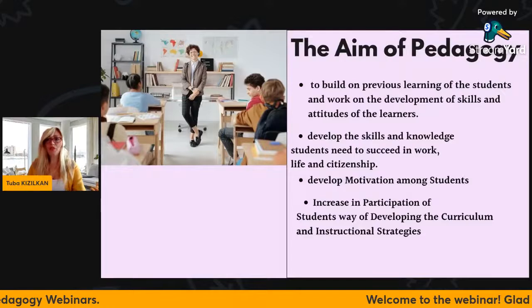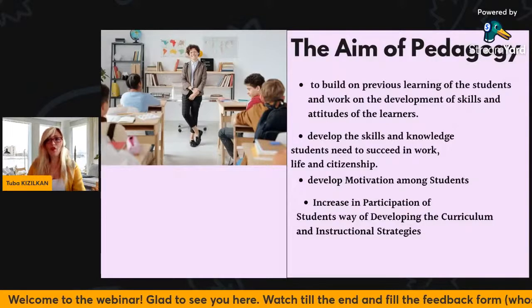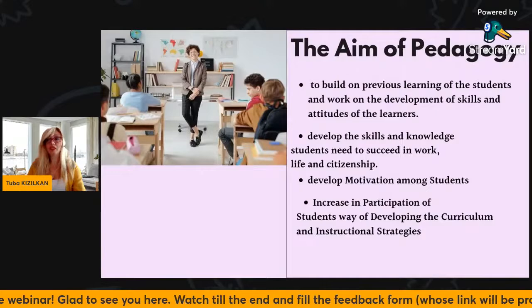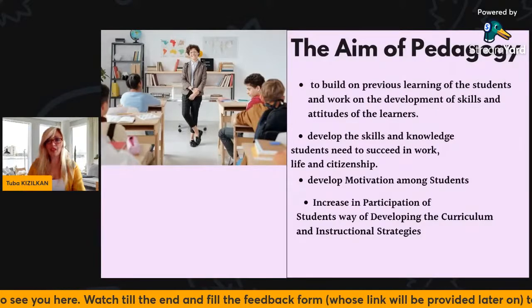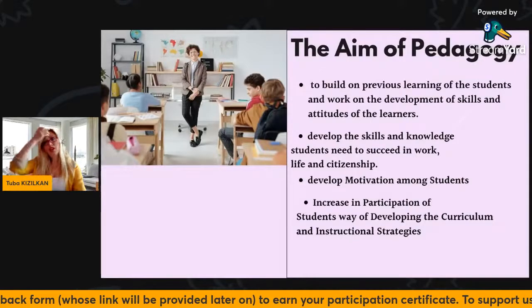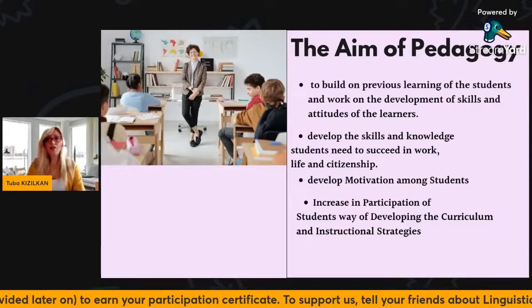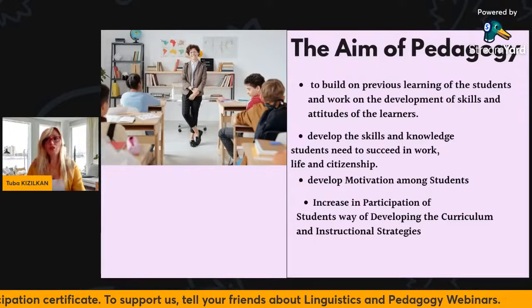It also aims to develop motivation among students in terms of learning, and it also aims to increase the participation of students, a way of developing the curriculum and instructional strategies. So a student is provided much more efficiency by a teacher who is involved in pedagogy.